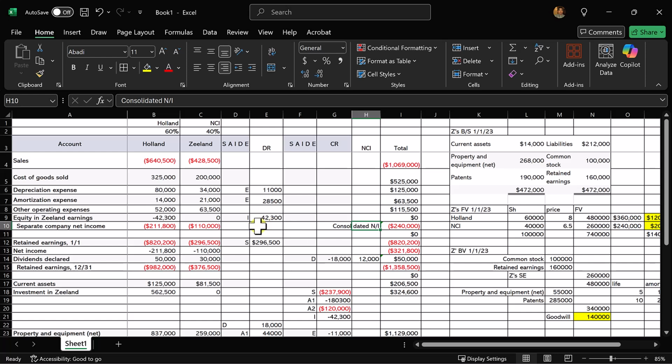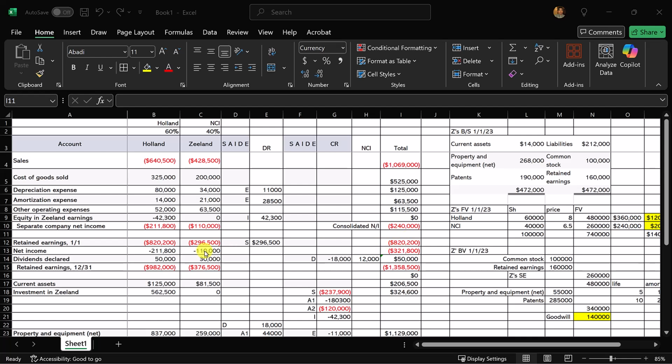Again, parentheses means credit balance, net income, and not these two. I guess I could have a footing of this adjustments and then foot across. I should get this here. But we zeroed out the earnings from the sub here. So let's fix up this retained earnings statement here. We zeroed out the beginning retained earnings of the sub and only carrying over the beginning retained earnings of the parent.